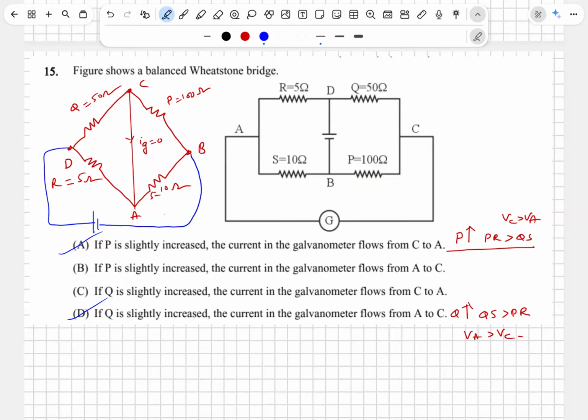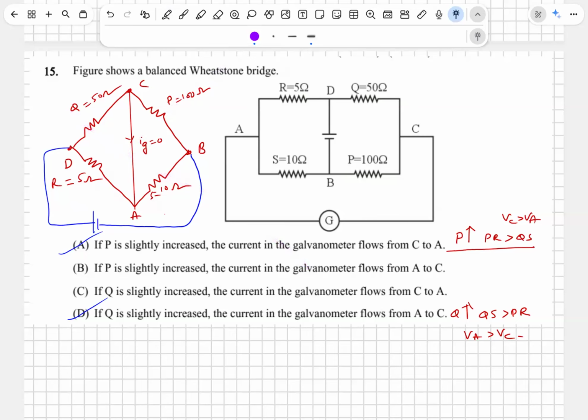Right, yesterday I taught you in class: if you see the cross product, I mean this diagonal product, if this diagonal product is greater than this diagonal product, this side is high potential.